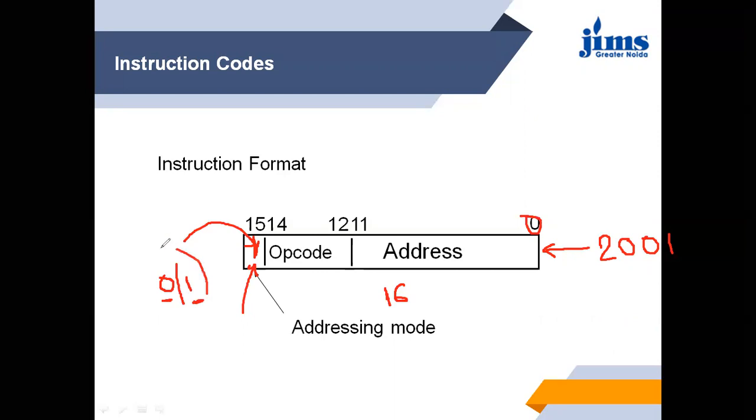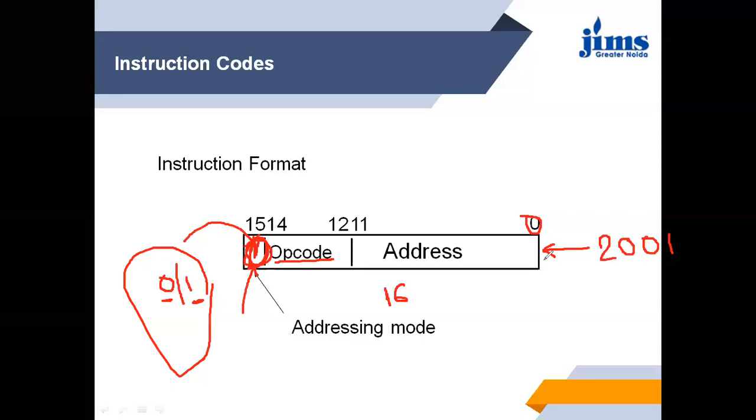We will discuss this in the next slide. In the first bit, we put the value 0 or 1 that shows whichever addressing mode we are using, and the next 3 bits are used for the opcode.